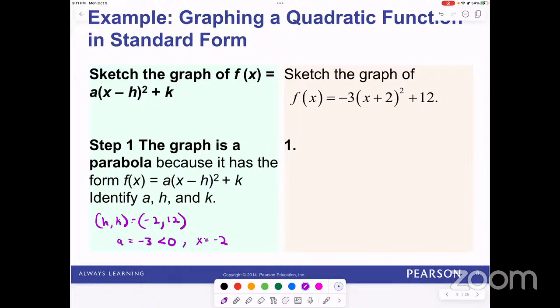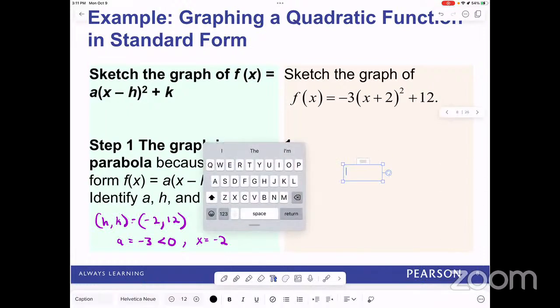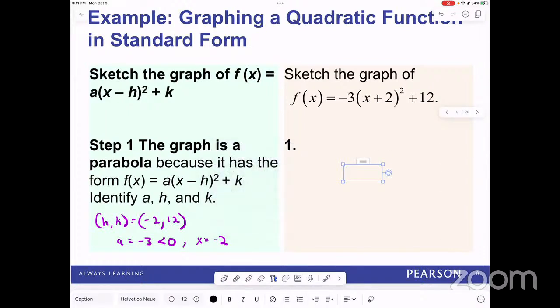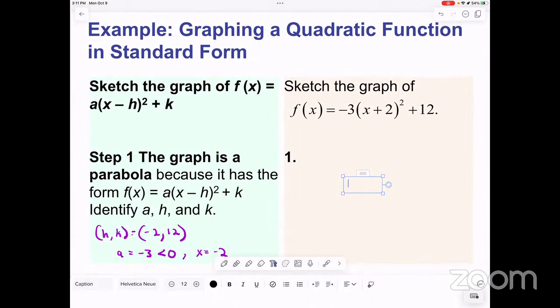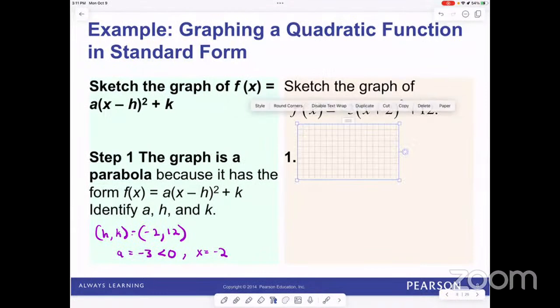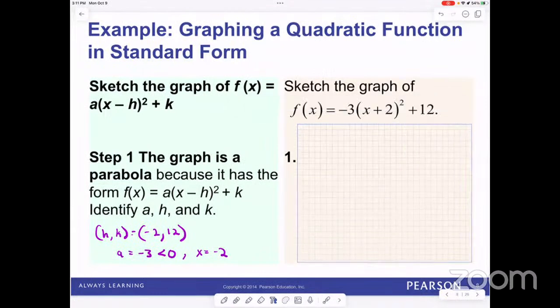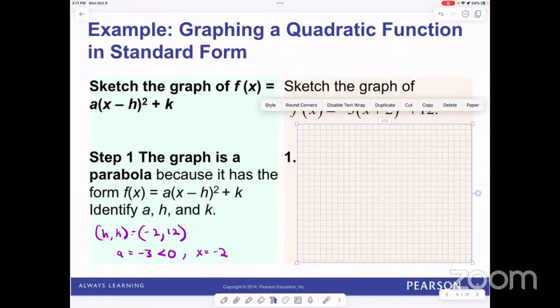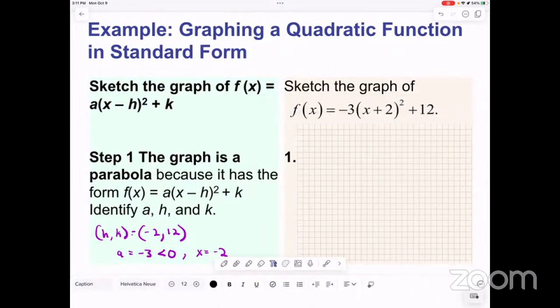So let me introduce some graph paper. So -2, 12. Okay.